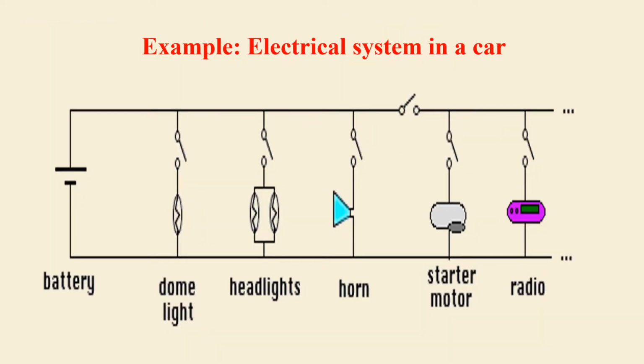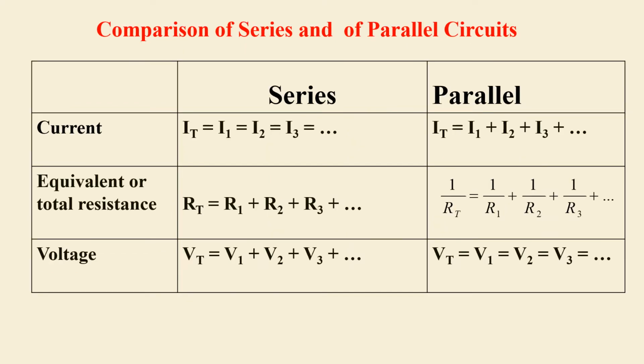In a car, for example, the electrical system is connected in parallel. We have the source, the battery, then the dome light, headlights, horn, starter motor, radio, and so on, all connected in parallel.